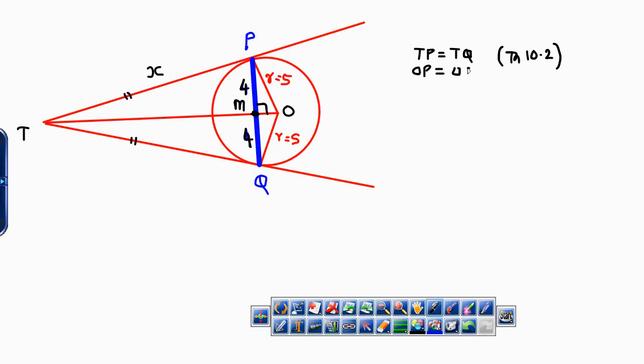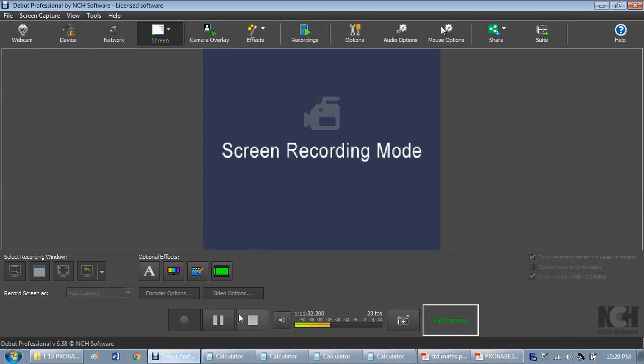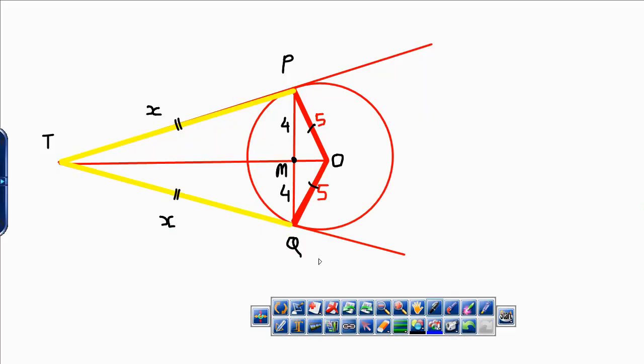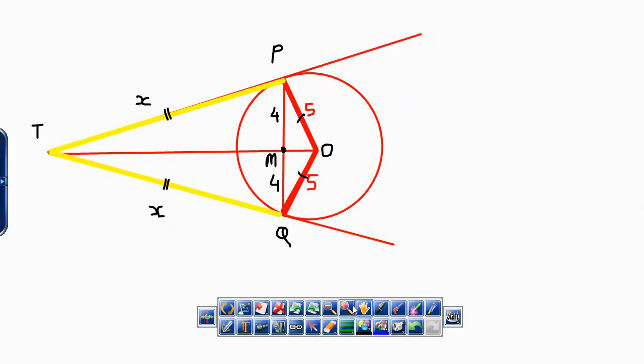OP, OQ same because radiuses are always same. Finally this is hanged. Give me a second. Okay, this is the new figure. My computer hanged, so I had to redo it.